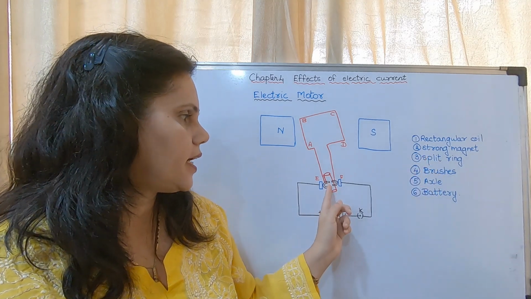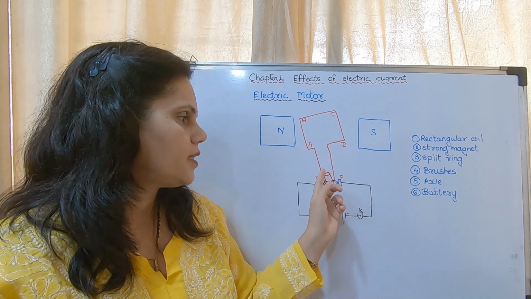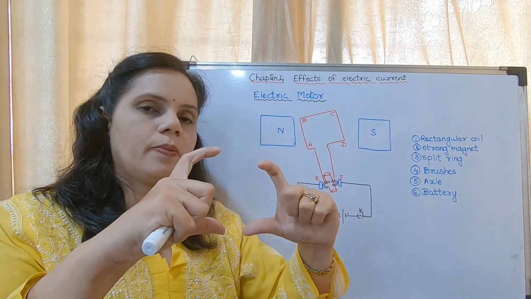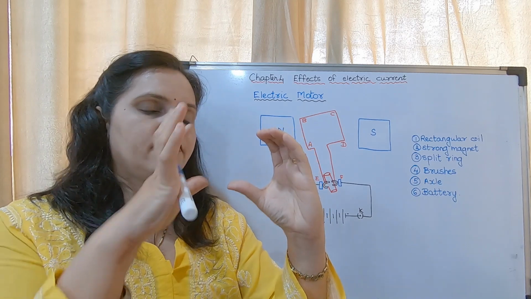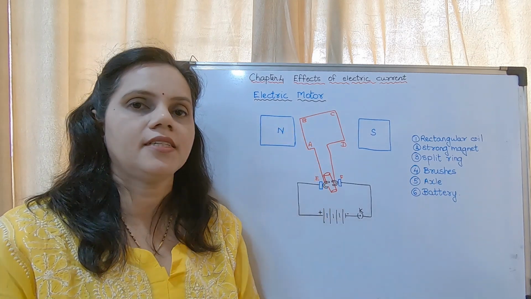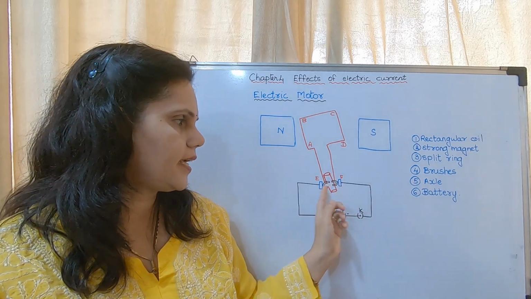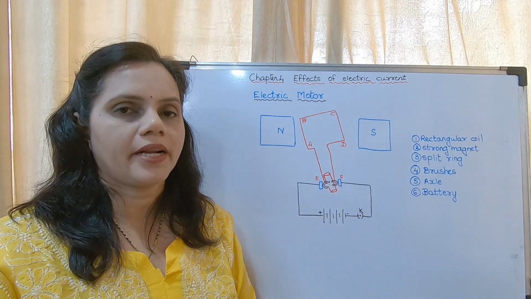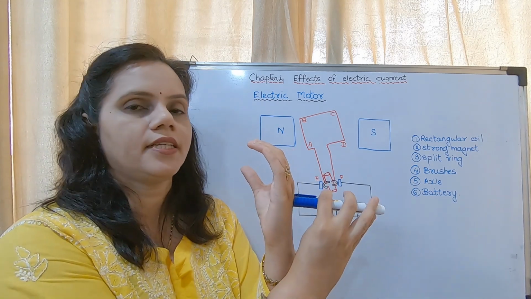Split ring, there is an axle. You may see this is connected to an axle. This axle is having two split rings. C from this side, C from this side, that is split ring. Those split rings are connected to two brushes. Brushes means they are just in contact with the split ring.